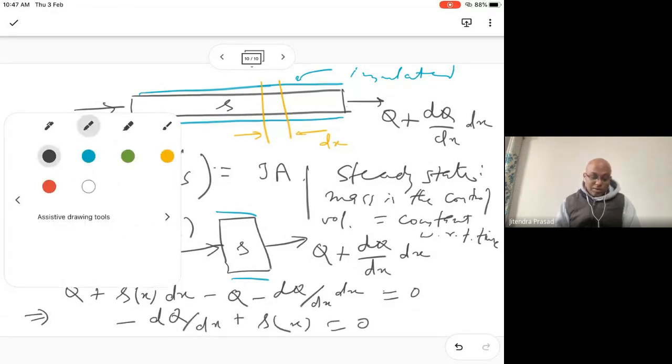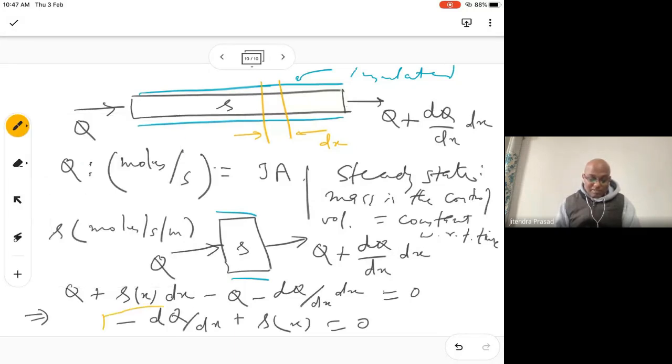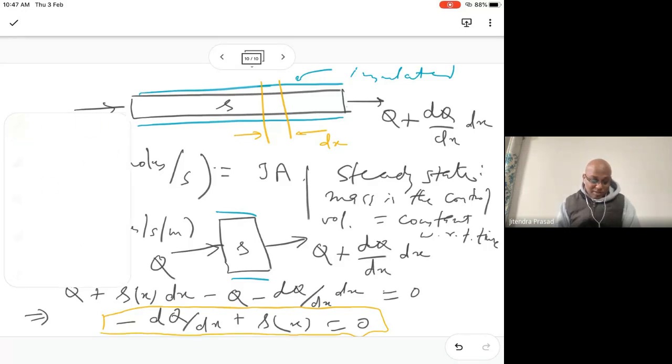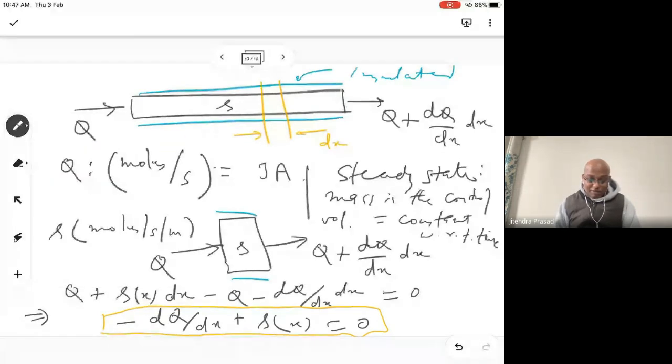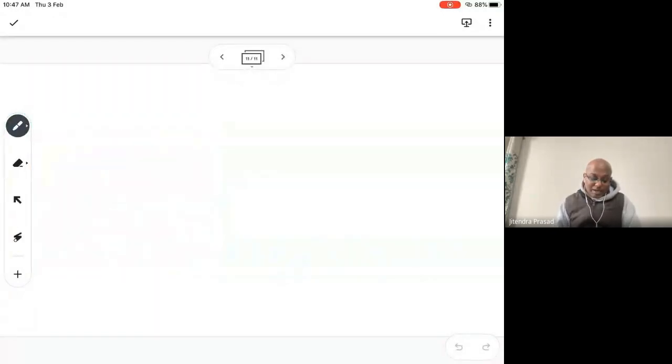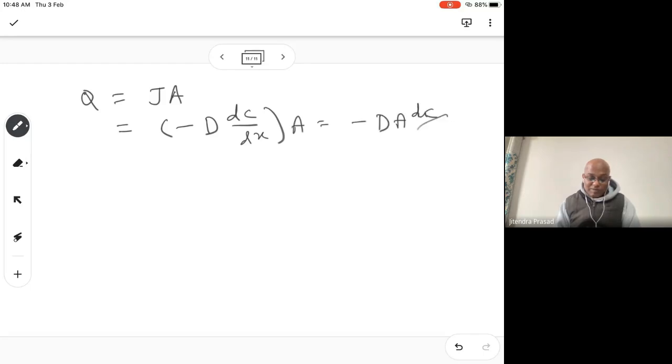Yeah. So a similar kind of expression you got in heat transfer as well. So actually heat transfer and diffusion are both the same equation. Now next, you have the relationship Q equal to J times area, where J is the flux, which is given by minus D dc over dx. And then with the area, minus DA dc over dx.